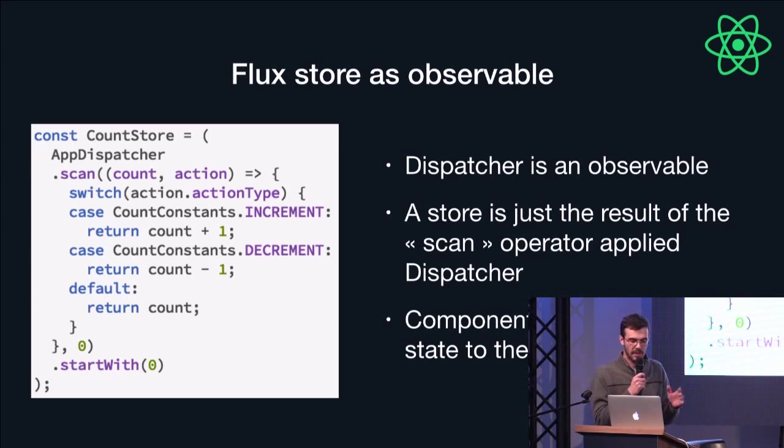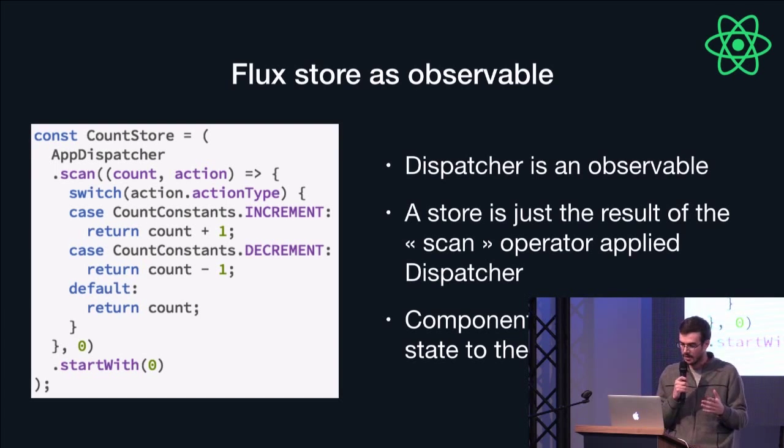If you do so, the dispatcher is just an observable, and a store is just the result, generally, of applying the scan operator on this dispatcher. Finally, your components can just bind their state to the value pushed by the store.